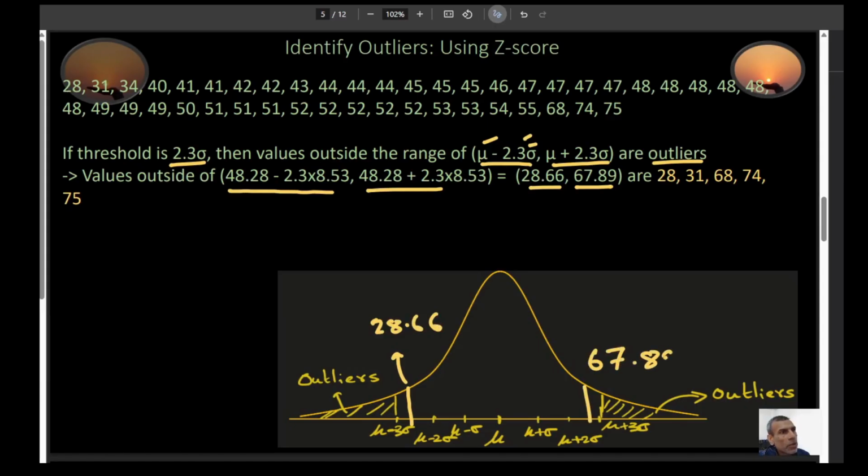So any value larger than 67.89 or smaller than 28.66 is an outlier. In this case, you can see that 28 and 31 are your outliers. And likewise over here, 68, 74, and 75 are my outliers because they fall outside the range of these numbers.